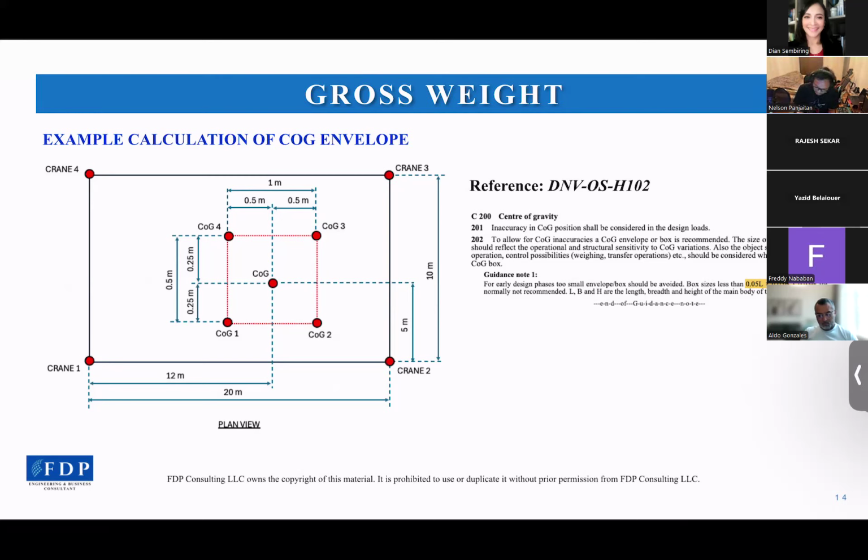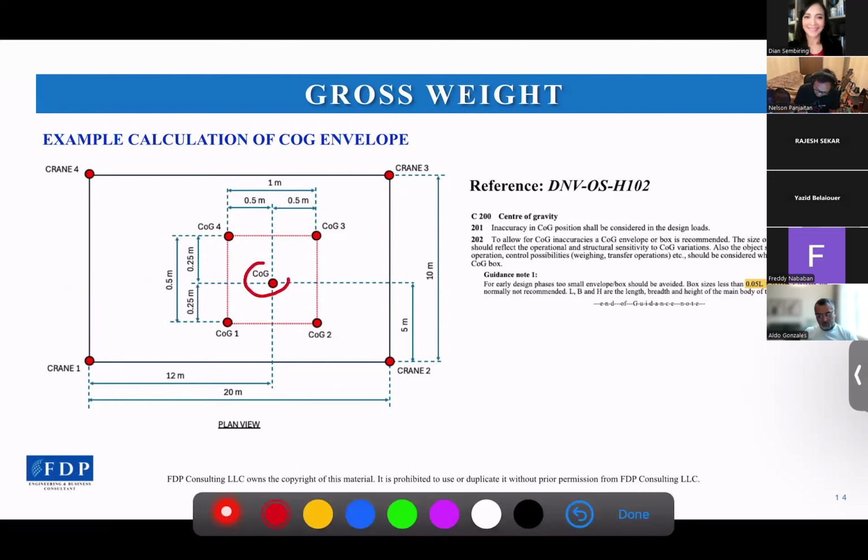We will try with the original COG net weight, so it will be the crane reaction based on the original COG. First, we will distribute this COG to one pair of sides. You can choose either left or right, or top or bottom.